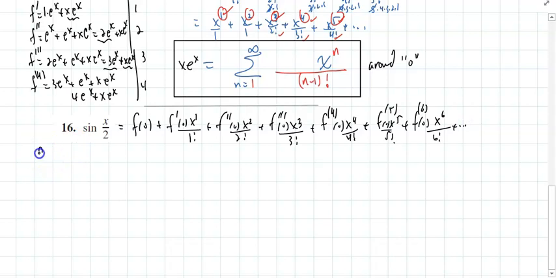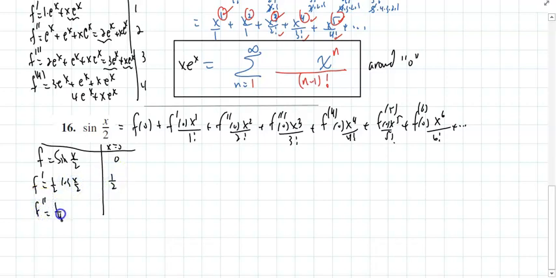So, on the side, I'm going to say f equals the sine of x over 2 at x equals 0. This would be 0. F prime is 1/2 the cosine of x over 2. That would be 1/2. F double prime will be 1/4 negative the sine of x over 2.